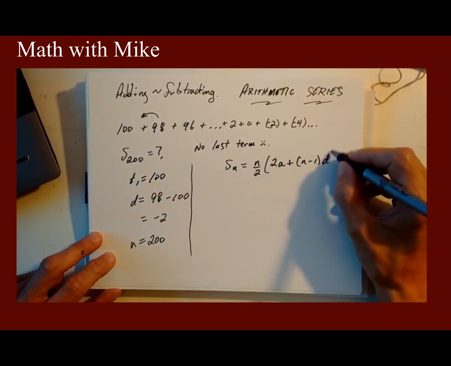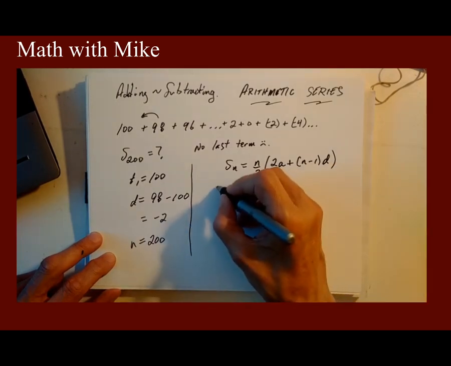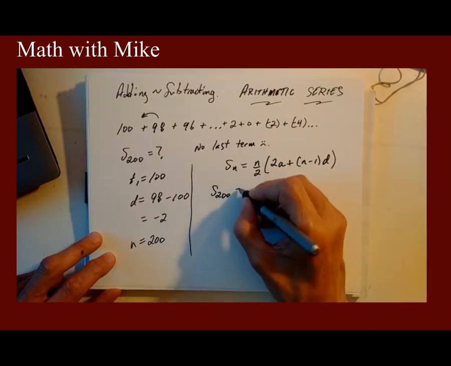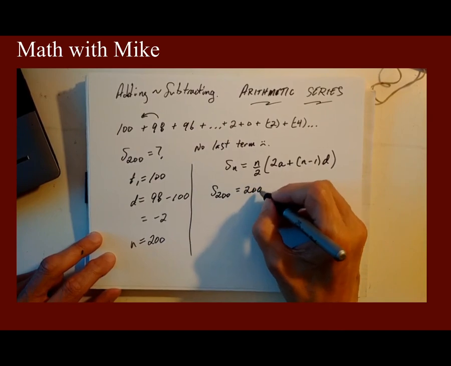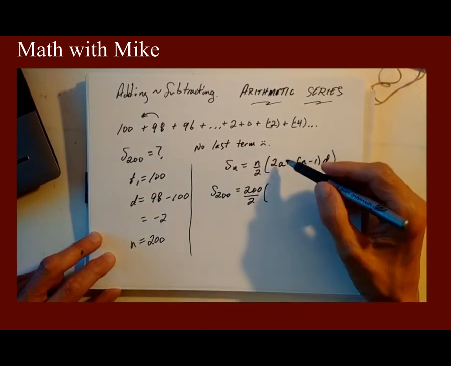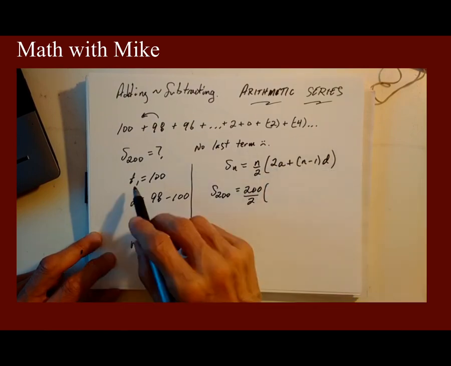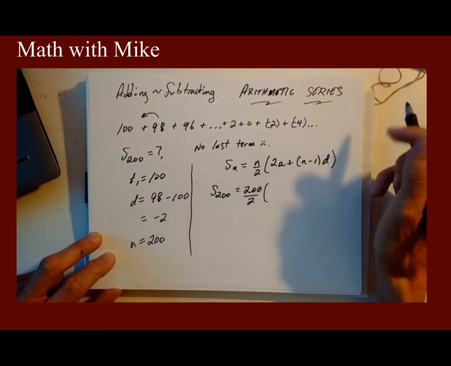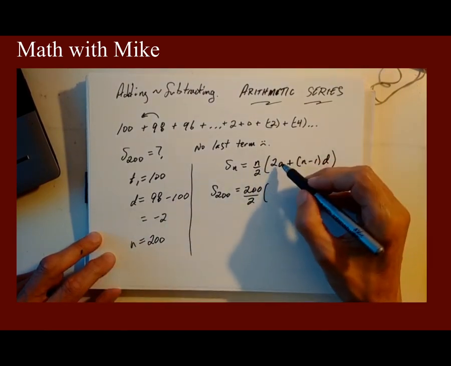To use. All right, so we're going to have S 200, 200 over 2. Oh, look at this. I put A in the formula, and it's T1 over there. That shouldn't be happening. It's either one or the other.